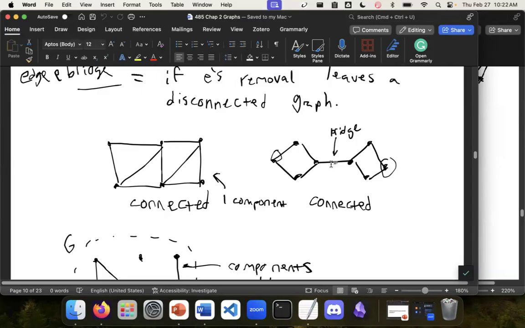So an edge is called a bridge if, when we remove it, the whole graph would be disconnected. This middle edge is a bridge, even though the ones surrounding it aren't. There could be one option for a bridge, there could be no options for a bridge.